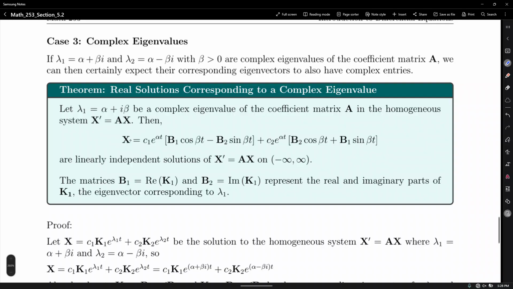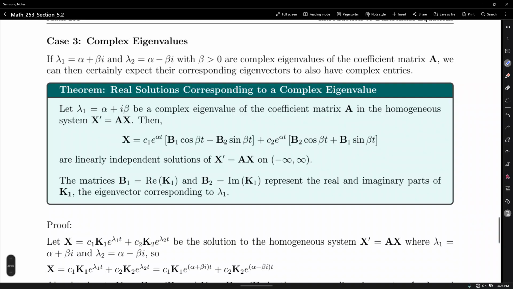So the solution would be x equals c1 e to the alpha t times (b1 cosine beta t minus b2 sine beta t) plus c2 e to the alpha t times (b2 cosine beta t plus b1 sine beta t). Wait. There's a lot of symbols here. What's alpha? What's beta? Alpha is the real part of the complex eigenvalue, while beta is the imaginary part of the complex eigenvalue.